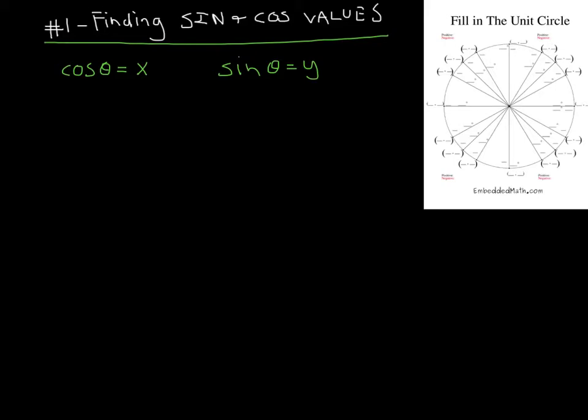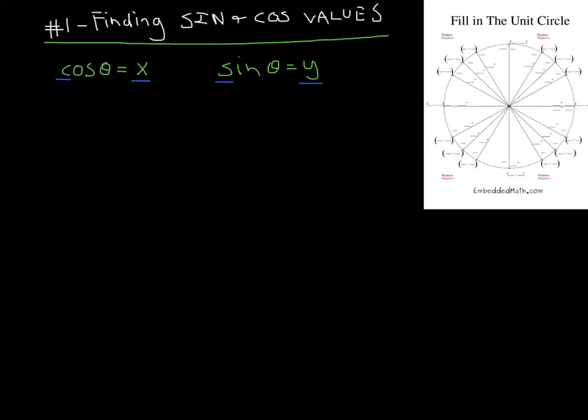The way I remember this is alphabetical order: C is before S, just like X is before Y. If you get confused, go back to that. C for cosine comes before S for sine in the alphabet, so X also comes before Y. When you're thinking of the cosine value, think of the x-coordinate.